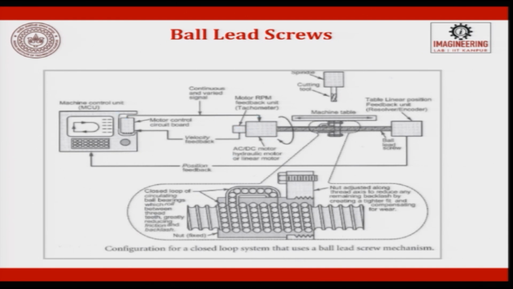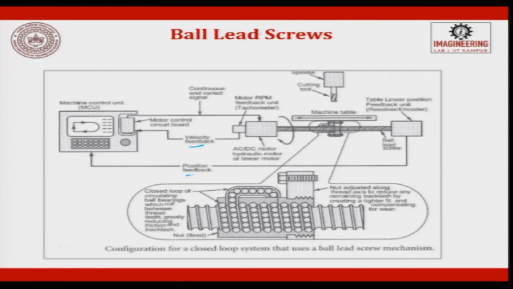This is in turn fed to an MCU, which we already saw in detail, and then you get the feedback. The position feedback is given from here and the velocity feedback is given here. Velocity is given from the encoder and the position is given from here. So, what you have told it to move, the encoder will give the position, and the motor attached will give the velocity.